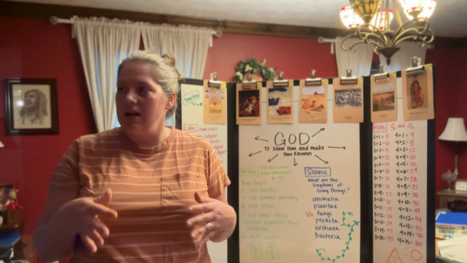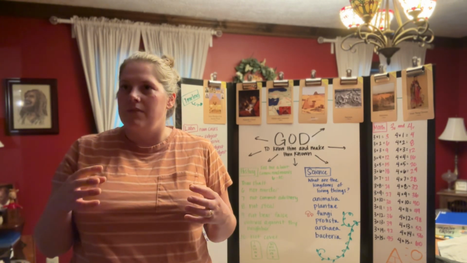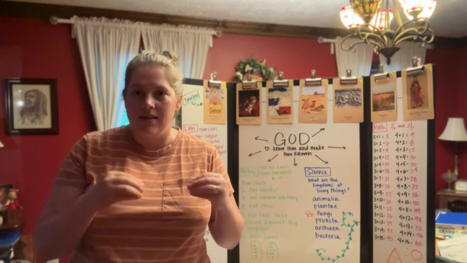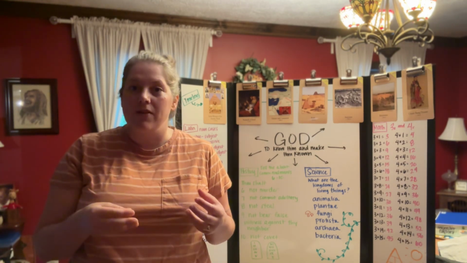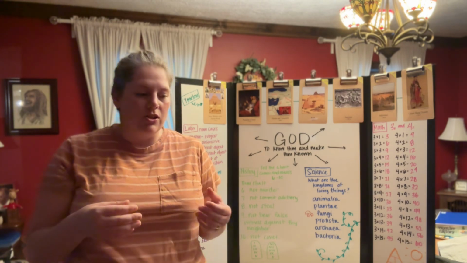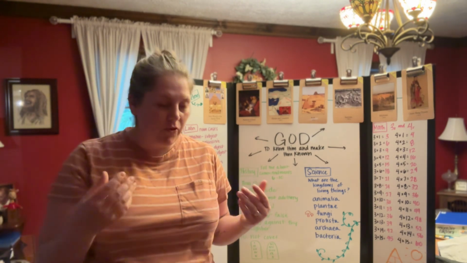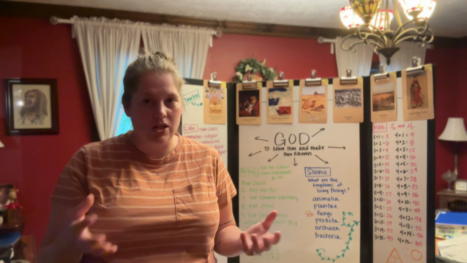For science, we were learning about how different creatures are created uniquely, and they have specific features about them that help them specifically. So for the first, we did two demonstrations or experiments.